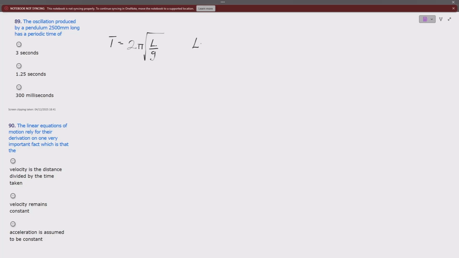So the length has been given as 2,500 millimeters. You have to convert it into meters. That's going to be 2.5 meters. Acceleration due to gravity is not given specifically, so you take it as 10 meters per second squared.